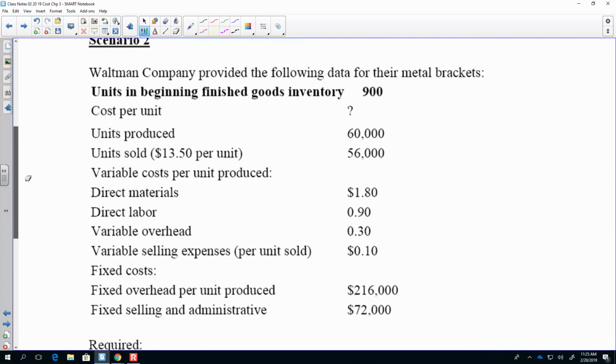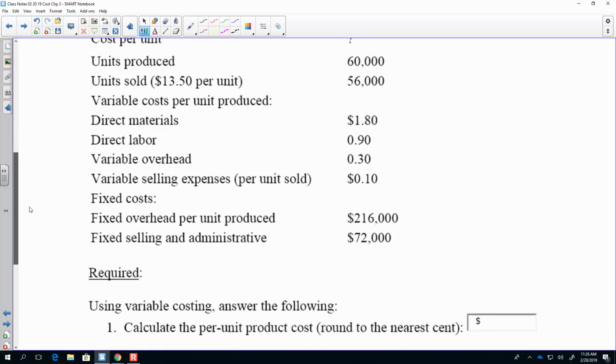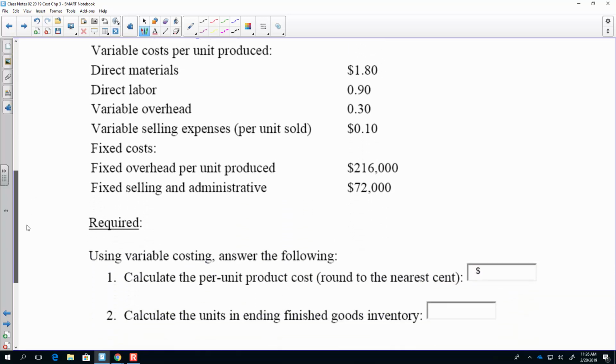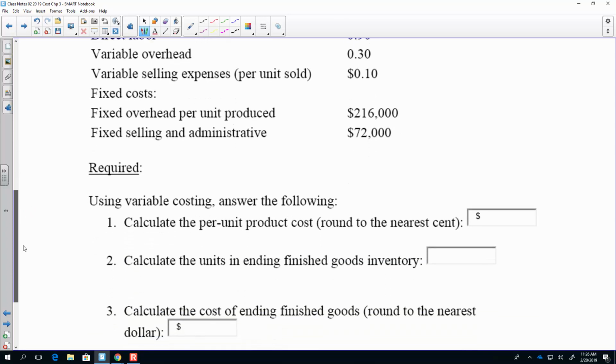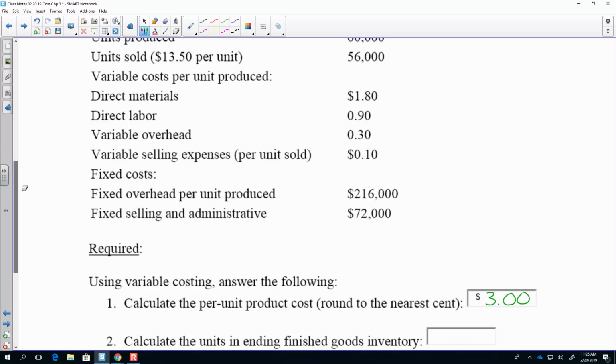The numbers don't change, or do they? $3 is our variable cost per unit: the 180 plus the 90 plus the 30. So 1, 2, 3.